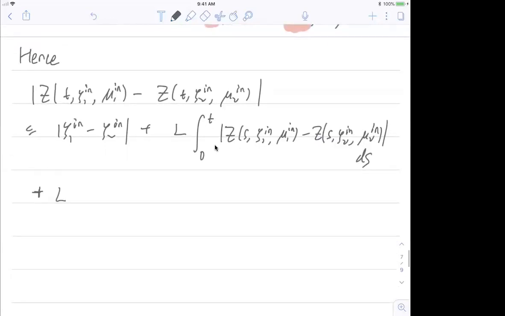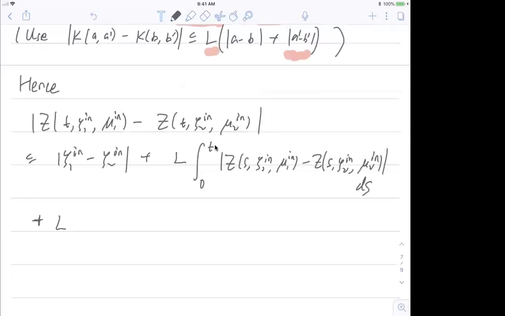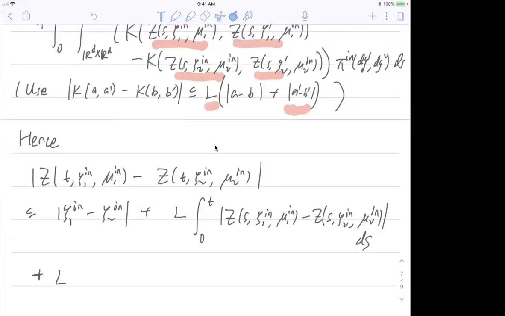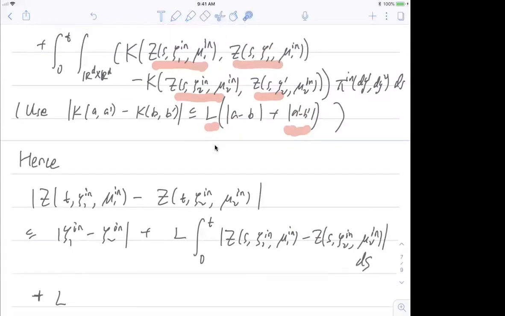Because here, the difference of these two terms has no variables like xi 1 prime, xi 2 prime. There's no inner integral here, so we just get a constant.